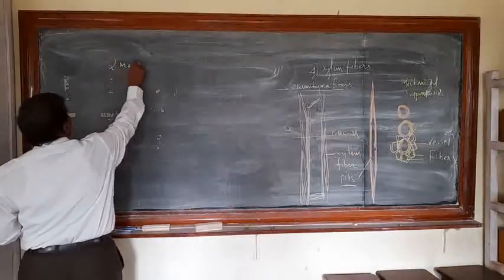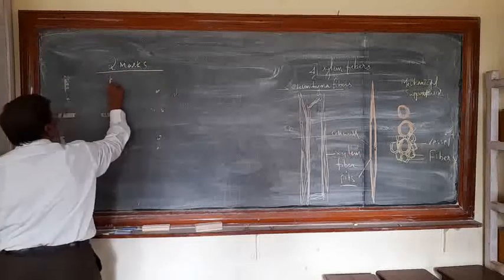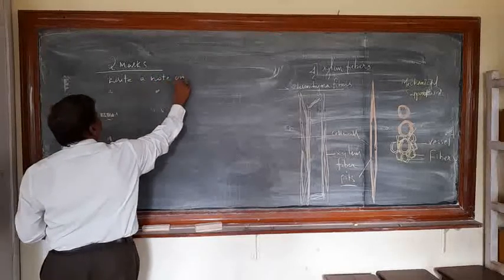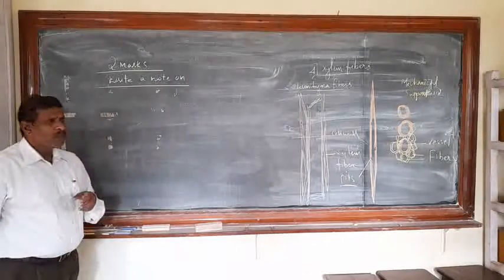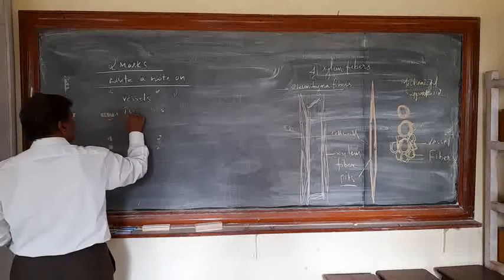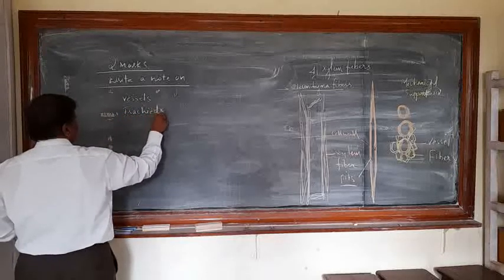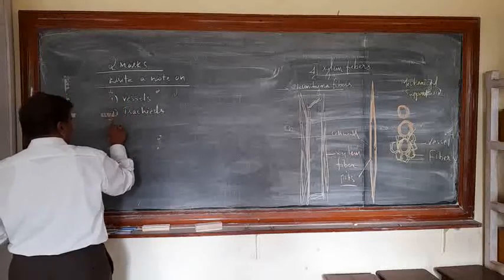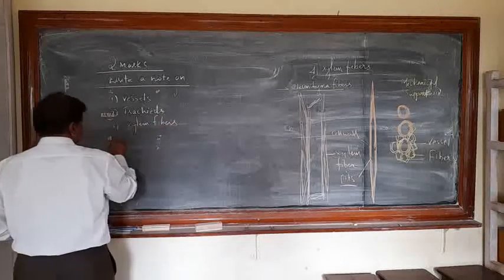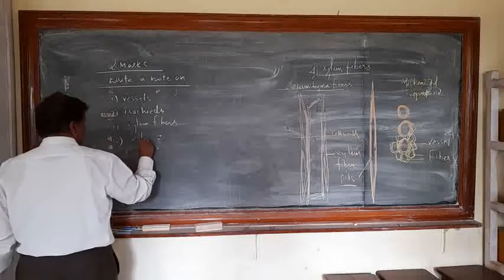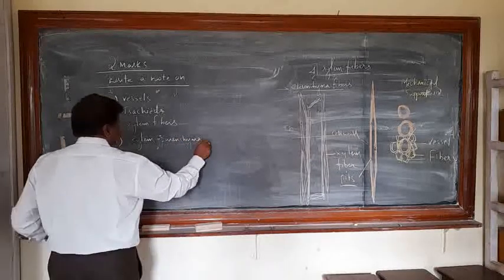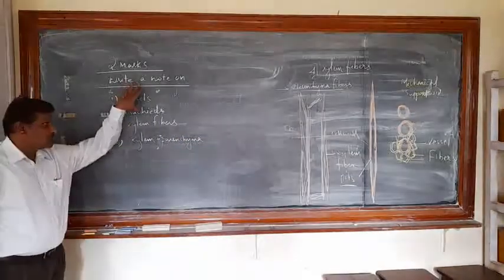Questions for 2 marks: Write a note on vessels, tracheids, xylem fibers, xylem parenchyma. Okay, like this they may ask.